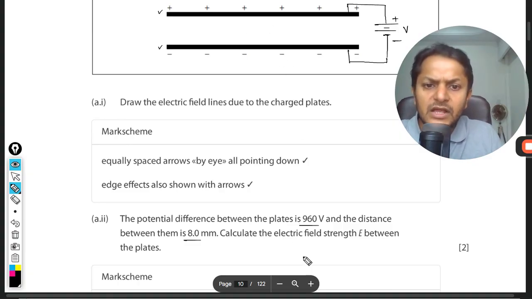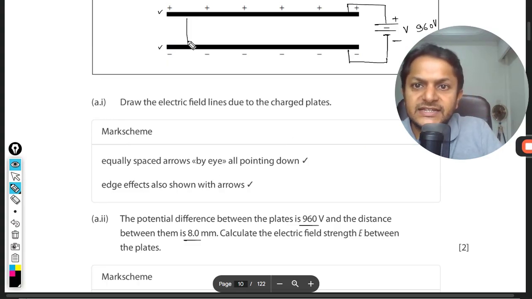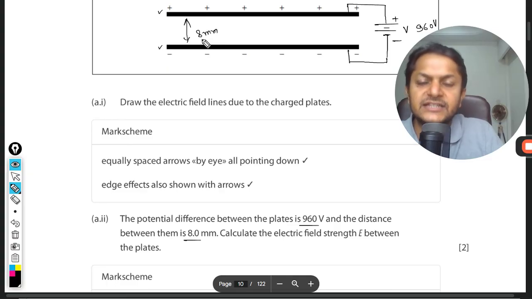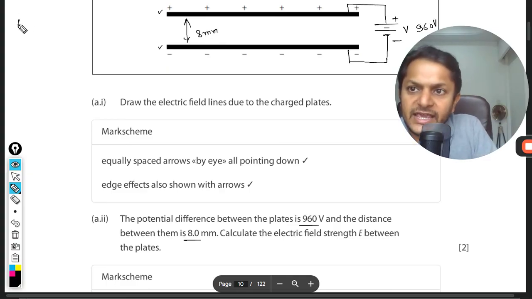Now the potential difference is given as 960 volt. And what is the distance here? The distance here is 8 millimeters. Now, what is the formula? E is equal to V by d.